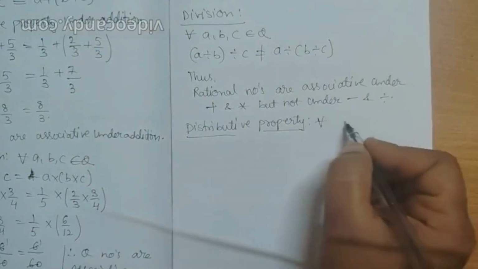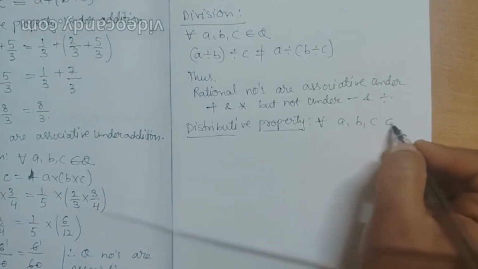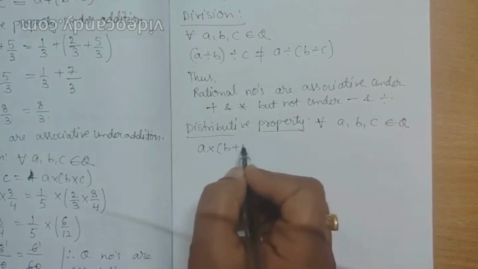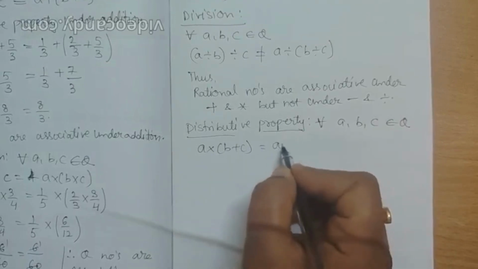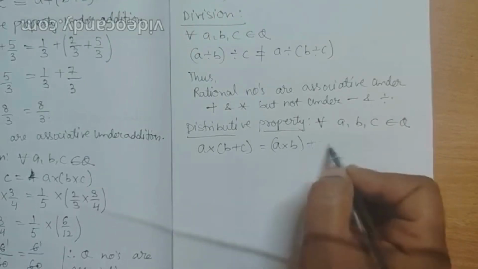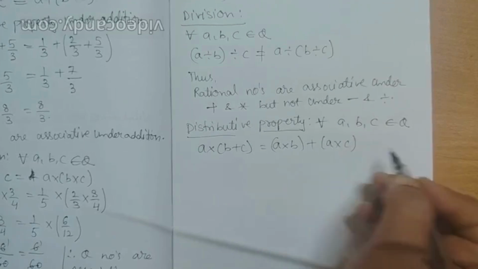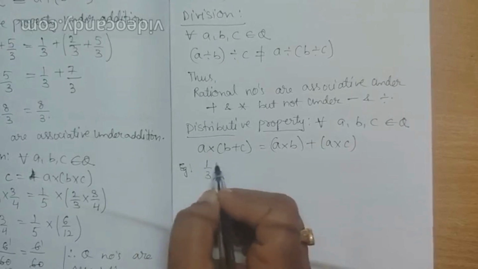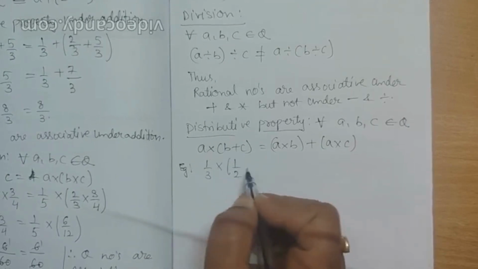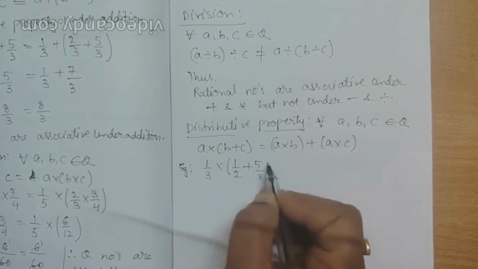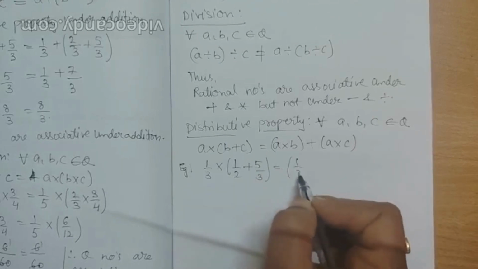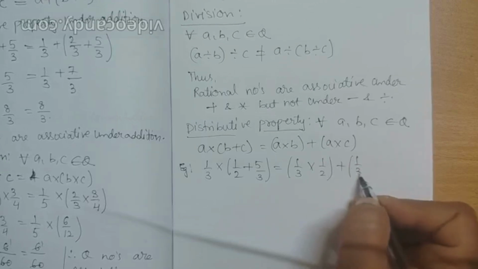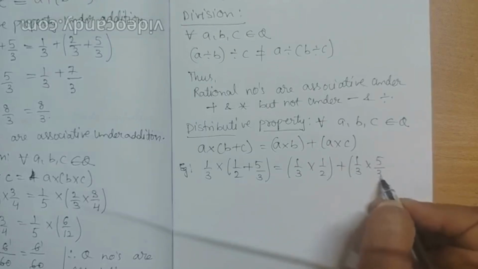That is, for all a, b, c belongs to Q, a into (b plus c) is equal to a into b plus a into c. Let us take an example. 1/3 into (1/2 plus 5/3) is equal to 1/3 into 1/2 plus 1/3 into 5/3.